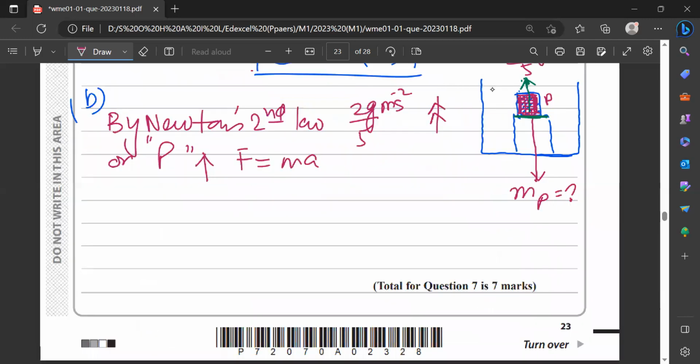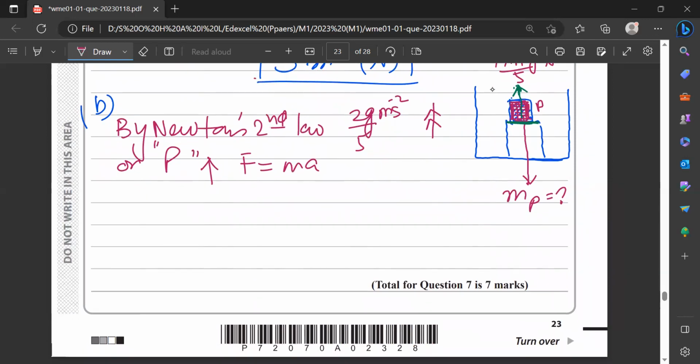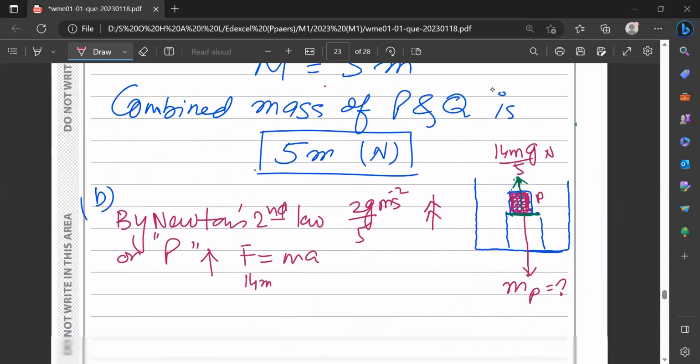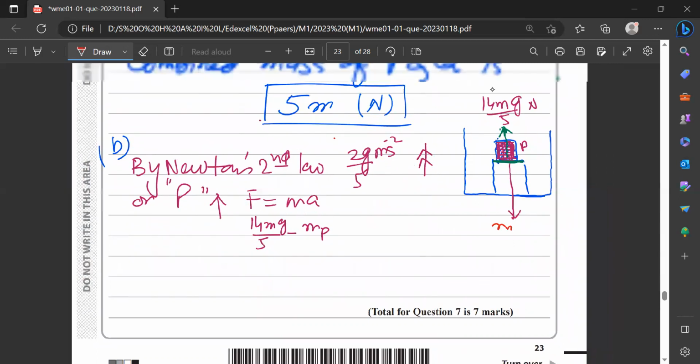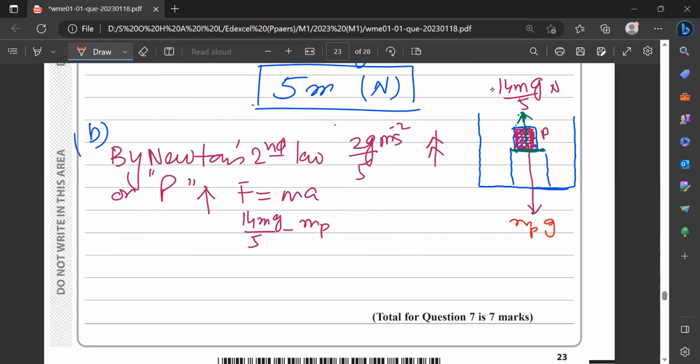Force in the upward direction is 14mg over 5 minus mpg, so mpg is the weight, equals m times a.